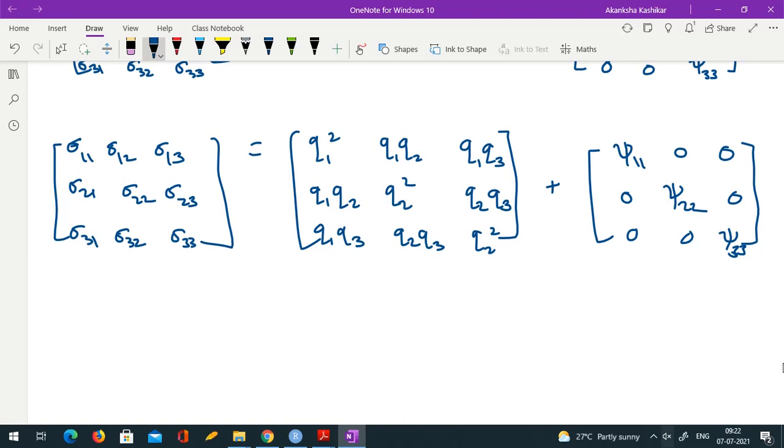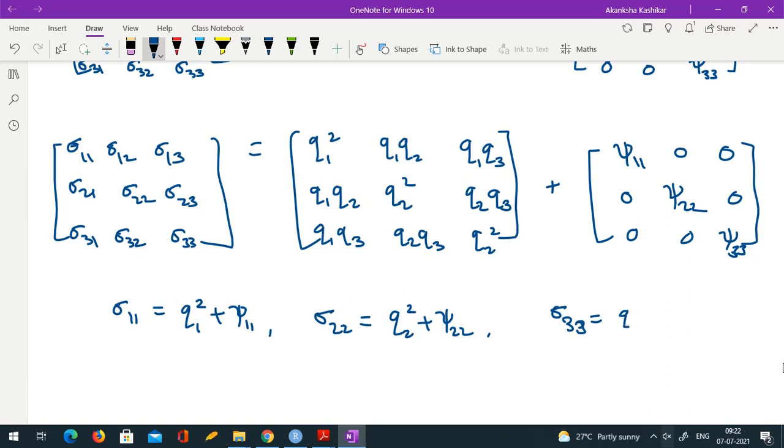Now, if I equate both the sides, what I get is sigma 1 1 equal to Q1 square plus psi 1 1. Sigma 2 2 equal to Q2 square plus psi 2 2. And sigma 3 3 equal to Q3 square plus psi 3 3. Correct?